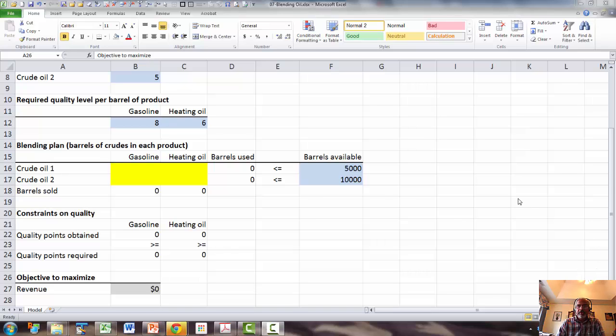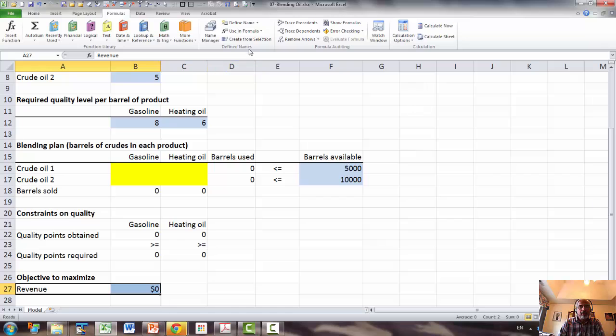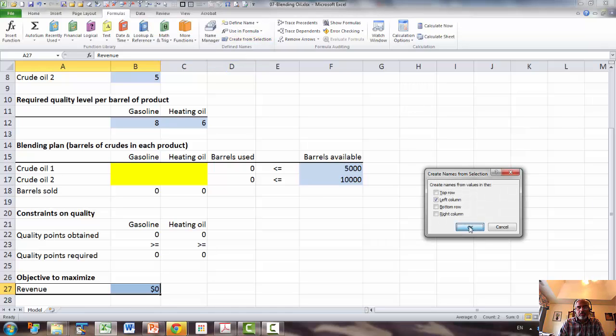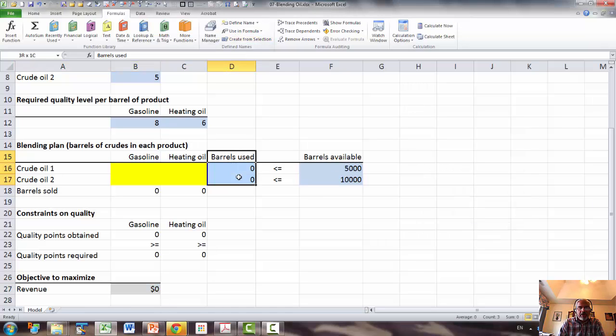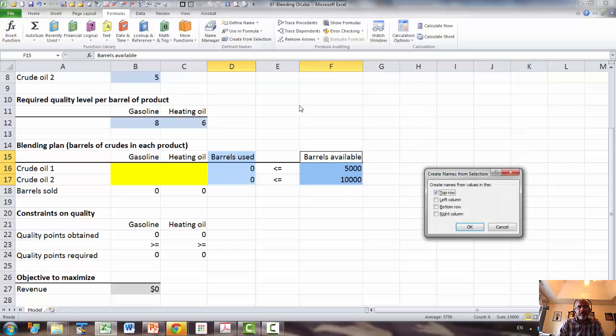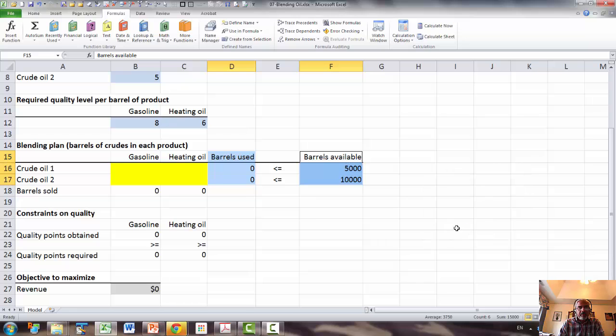Now before we go to solver, let's give some names. So the revenue should be named here. Okay. Barrels used and barrels available should be named. Okay. Quality points obtained and quality points required must be named as well.